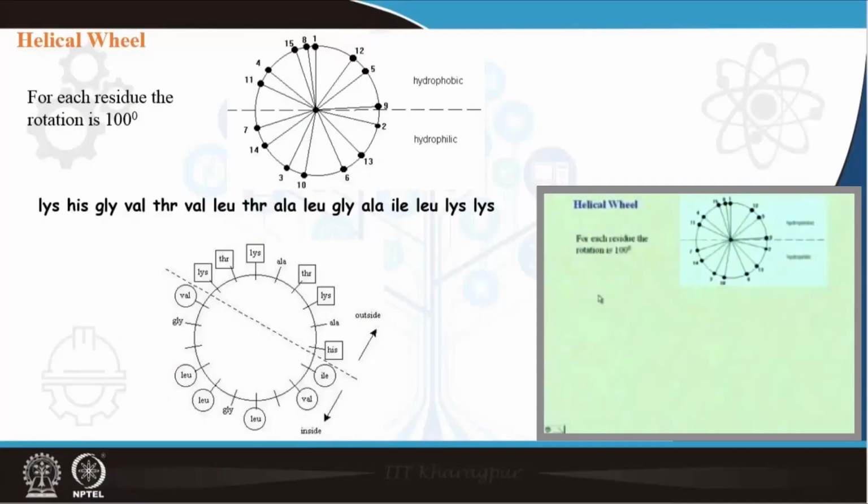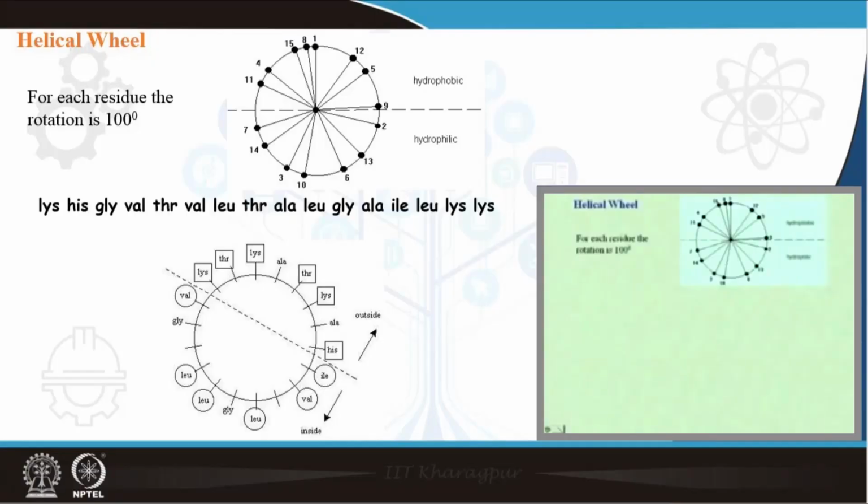Okay. So how do we construct the helical wheel? This is how you construct the helical wheel. For each residue, now you have 3.6 residues per turn. Or usually we say there are 4 residues per turn.